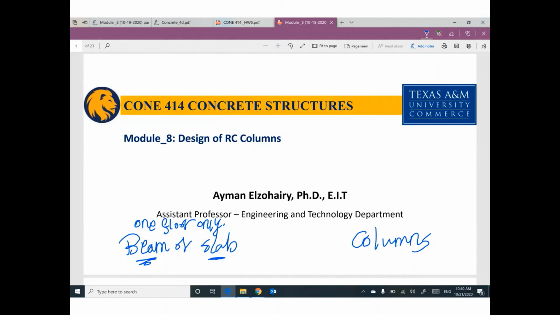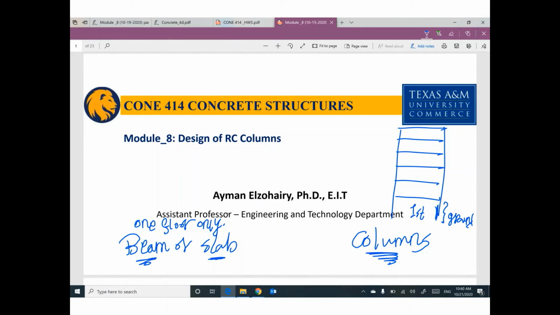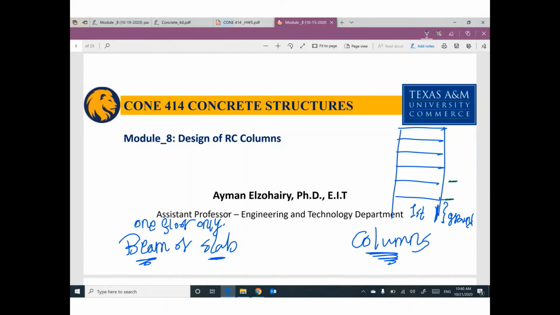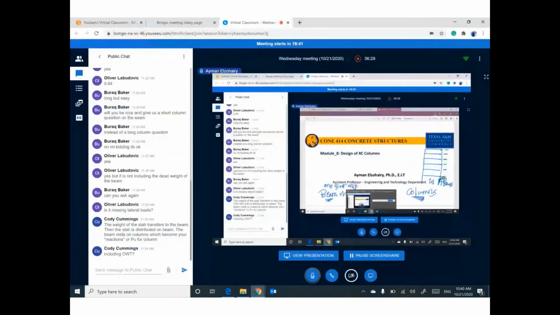But if you are talking about a column in the ground floor, in the first floor, this column is supporting what? This floor, this floor, this floor, this floor. Probably each floor will give you the same reaction, I know. But this reaction must be multiplied by the number of floors. Did you get it? Guys, did you get the idea?